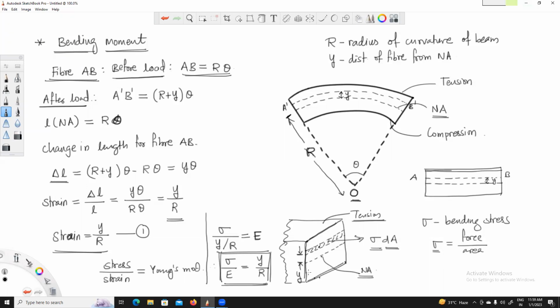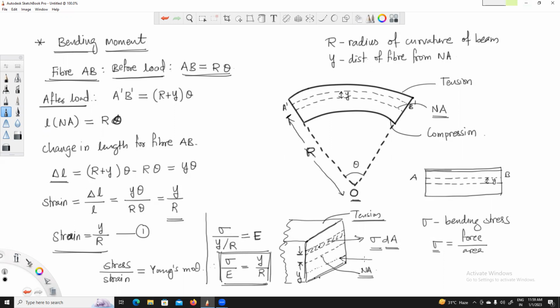And if you look at the fiber below this neutral axis, this is under compressive loading. The force acting on this particular fiber below the neutral axis would be a compressive load, and it will try to compress that fiber towards the left or towards the inside.